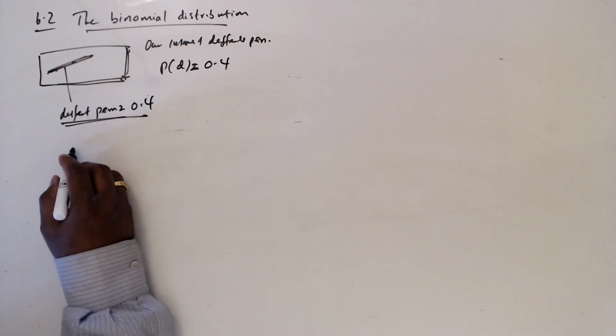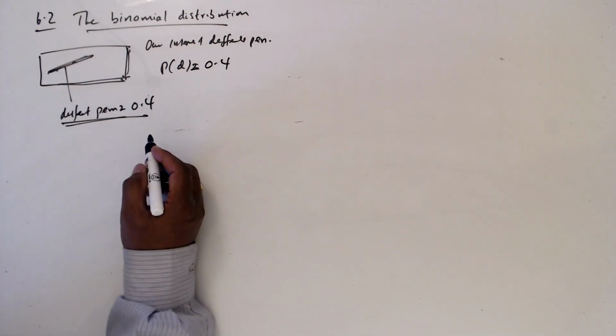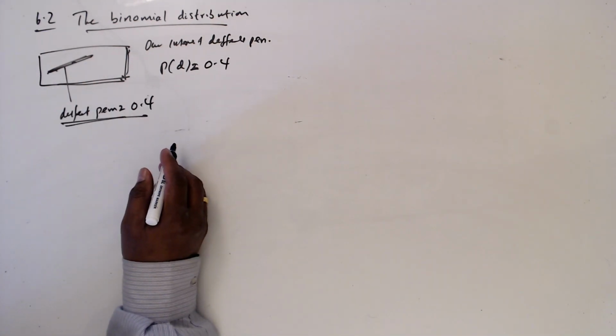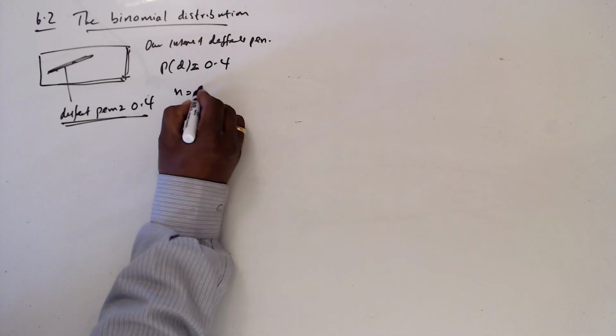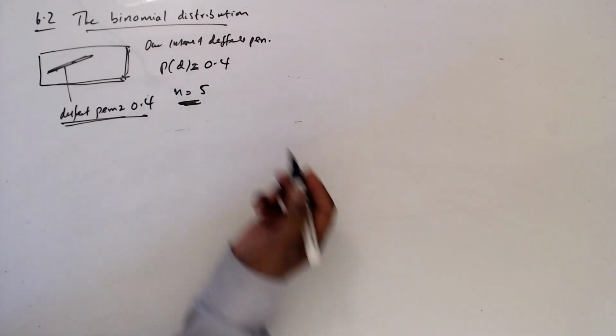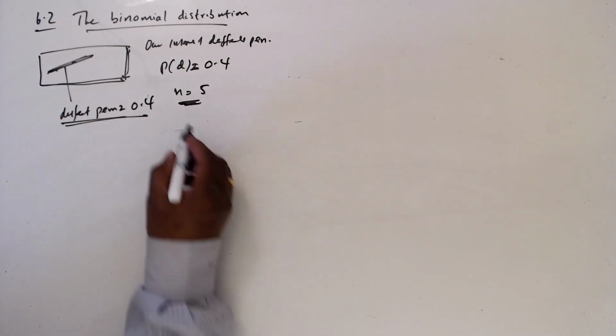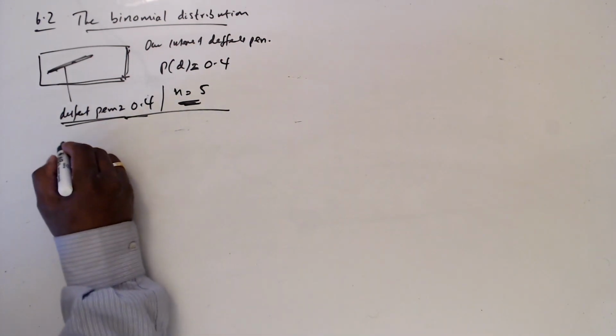Then I am buying 5 pens from a shop, or I'll order 5 pens from this factory. So the number of trials n equals 5, and I want to write the distribution of the defectives.